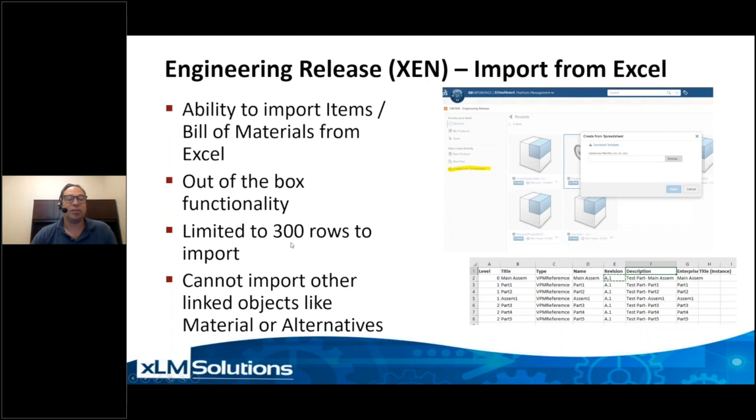It's limited to 300 rows, so if you have a bill of material over 300 rows, you might need to do multiple imports or find another way to load that data. And it cannot load other aspects of the bill of material, like materials or alternates. It doesn't support stuff like that. So it's a pretty simple structure for loading parts or physical products into the system.